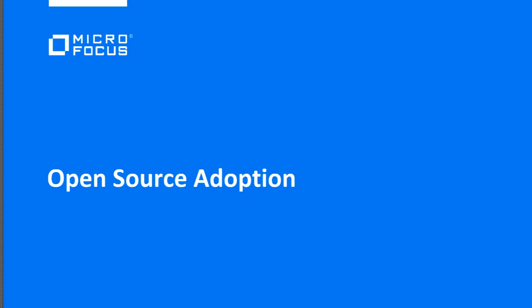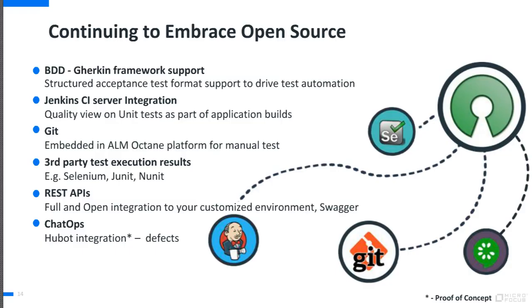From an open source adoption standpoint, we know about some of the key shifts that have been happening. From an acceptance criteria or just from a framework trying to capture a requirement that also acts as a test, teams have embraced behavior-driven development, which is BDD. And Gherkin is one of the popular frameworks where you can define a requirement as a test also, so you don't have to duplicate the effort.